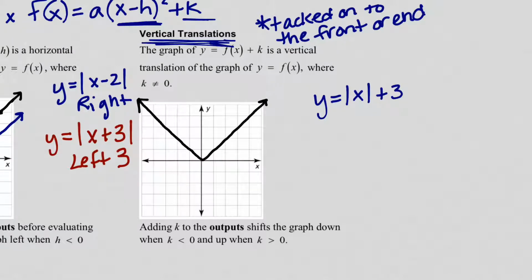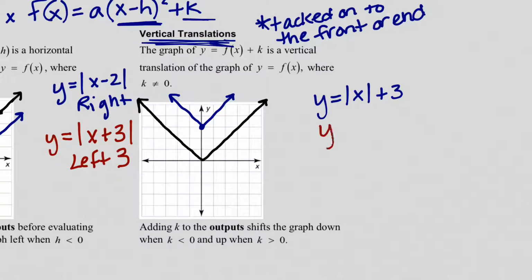Now, this is not grouped with x, so I'm not moving left or right. It's tacked on to the end. So that's really changing my y. So I'm actually going up or down. And in this case, you do exactly what it says. So k in this case is 3, and k makes me go up. Instead of starting at 0, 0, I'm going to start up at 3. And you plot, there you go. So that's what the new graph would look like.